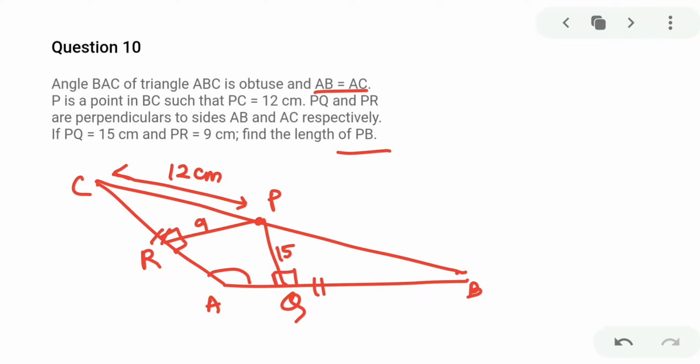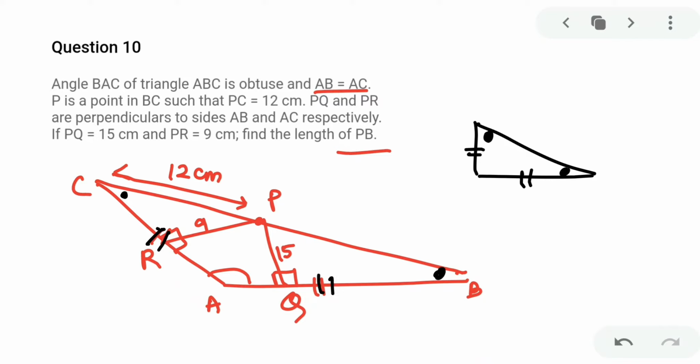Only PB we want? Yes. Let's go for PB. How will we go for PB? See, for triangle ABC, AC is equal to AB, which is given to you. So can we see the opposite angles? If this is a triangle like this and these two sides are equal, these angles will be called base angles. Correct? So can I say angle C is equal to angle B, because this side is equal to this side?